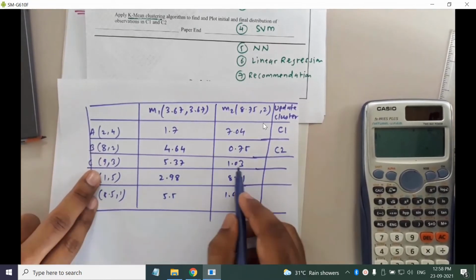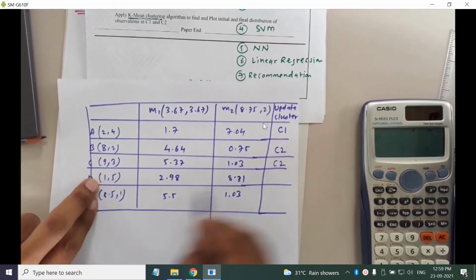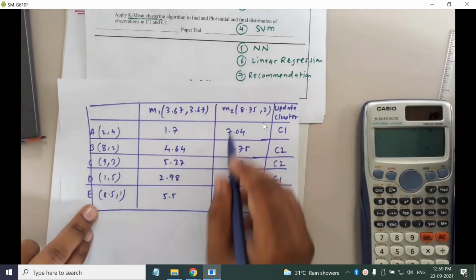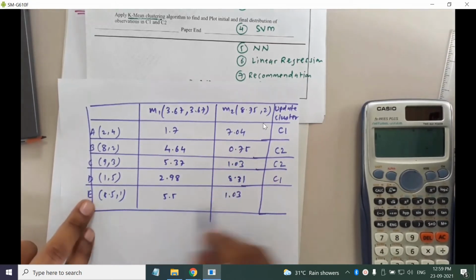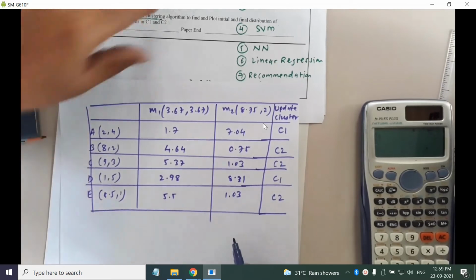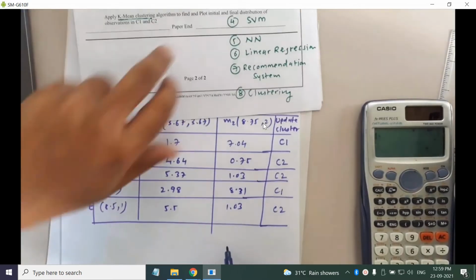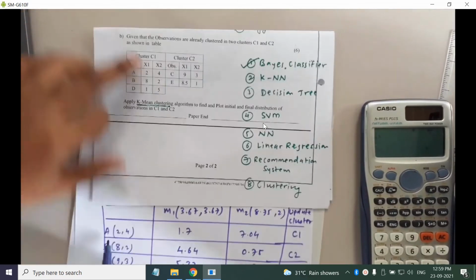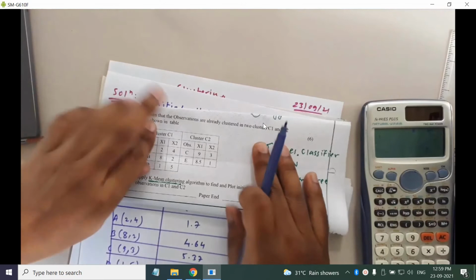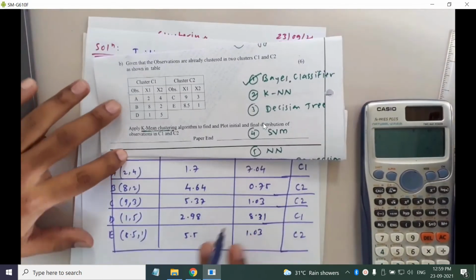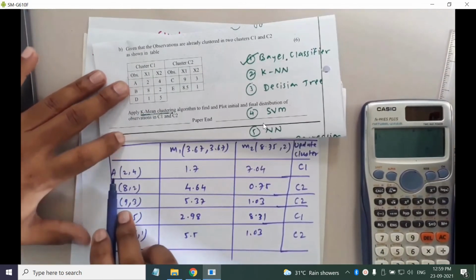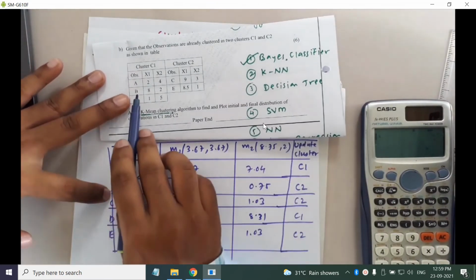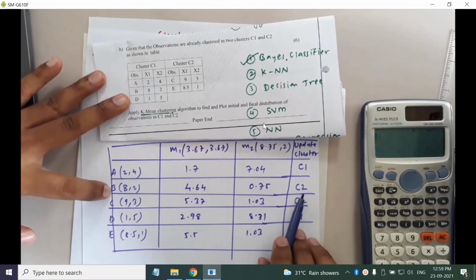Now C, the smaller value is this one, so C2. D, it is for this one, that is C1. E, the smaller value is for cluster 2, so this point should belong to C2. Now see whether any updation happened or not. A was in C1, now it is also in C1, no change for A. B was in C1, now it belongs to C2.